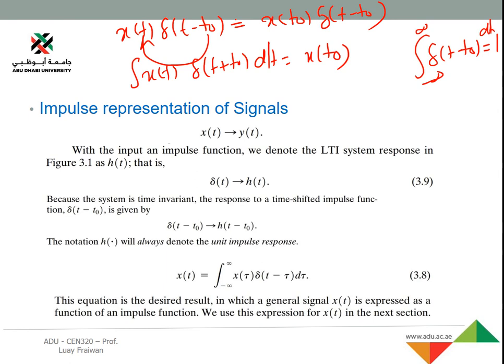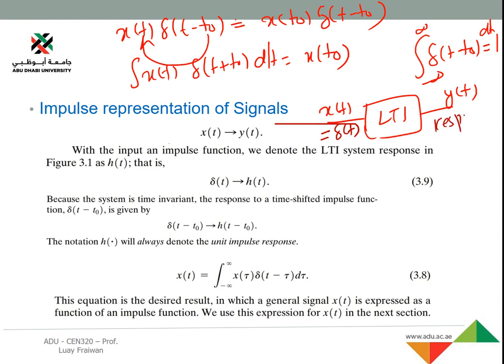Now let's say we have a system, and this is an LTI system. This is my input, and for this input I am getting this output. Now if our input is an impulse, the output or the response of this system will be called the impulse response.